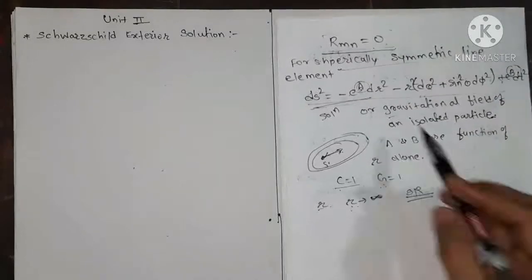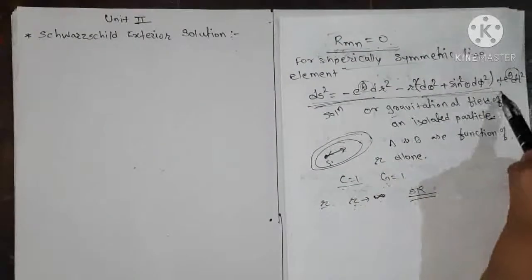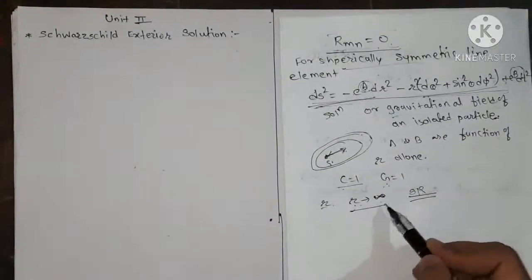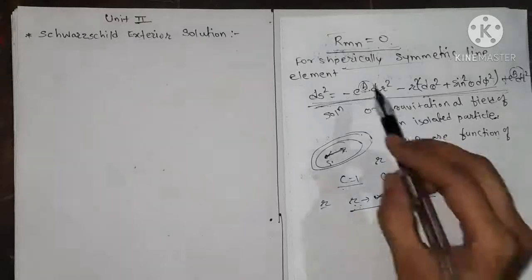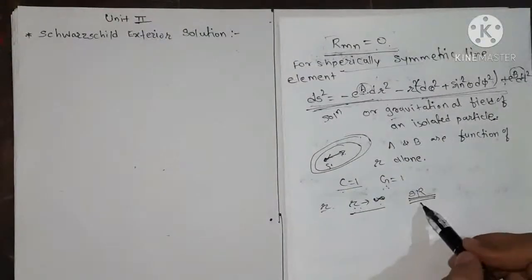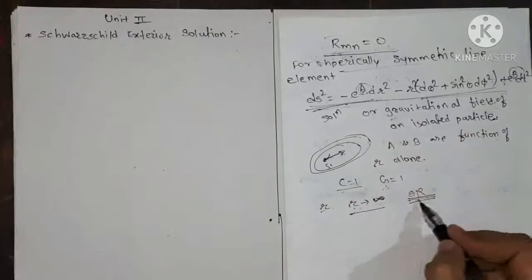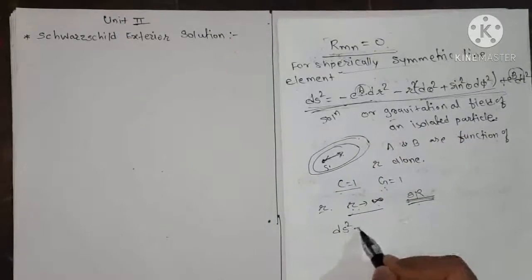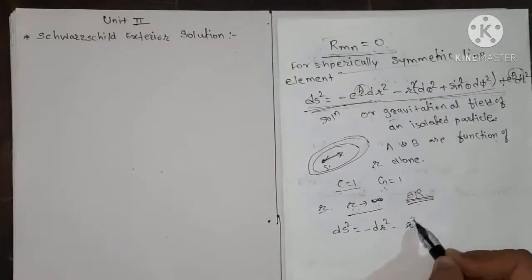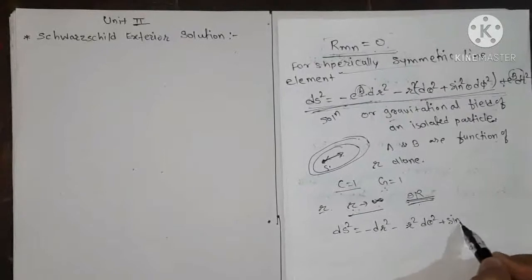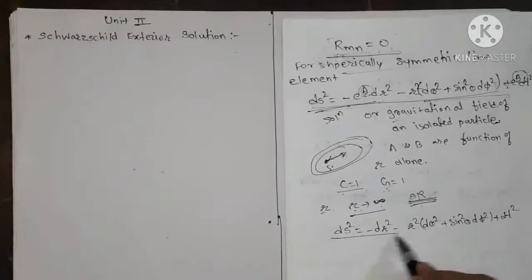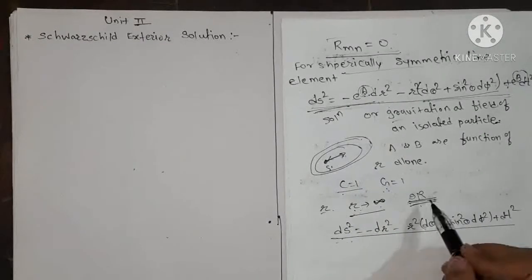Our gravitational field is nothing but the equation of this line element after finding the values of A and B. As r tends to infinity, that is going away from the particle, this line element is going to be a field of special relativity, which is given by minus dr square minus r square (d theta square plus sine square theta d phi square) plus dt square. So this is nothing but our field of special relativity.